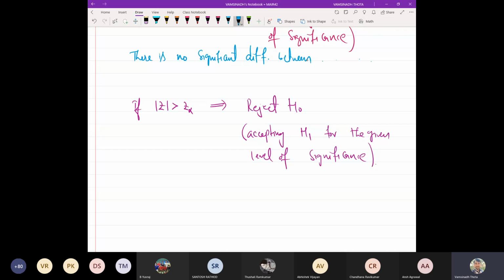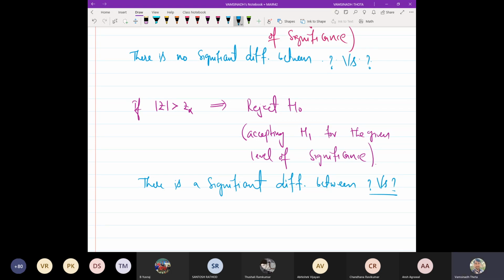We are rejecting H0 means, yes, there is a significant difference between the same things, sample mean versus population mean. Here also, that depends on the problem.